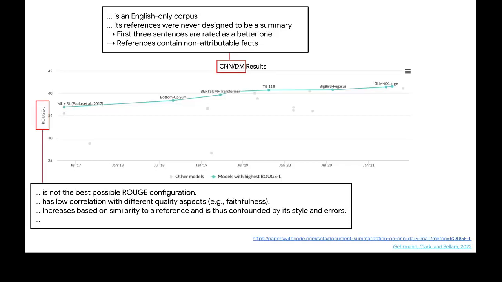So if the reference uses a particular style and your system produces text in a different style, you actually get a worse score. In particular, for CNNDM, the issue is that it's very extractive. A lot of the words or phrases are copied from the original article, so a system that generates more and is more creative actually gets penalized by using a reference-based metric.